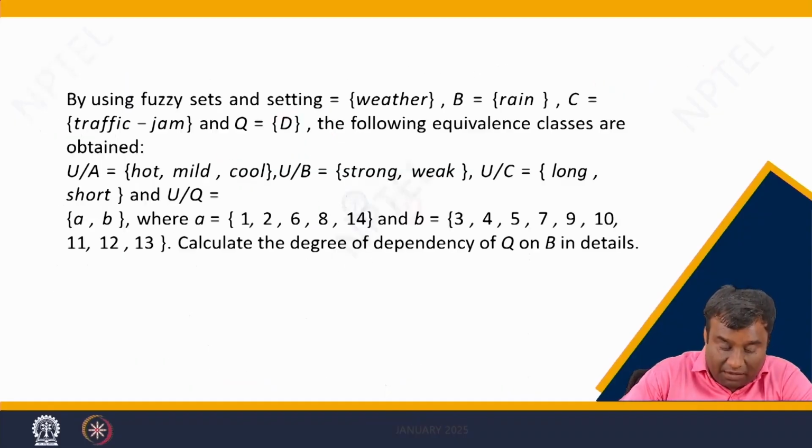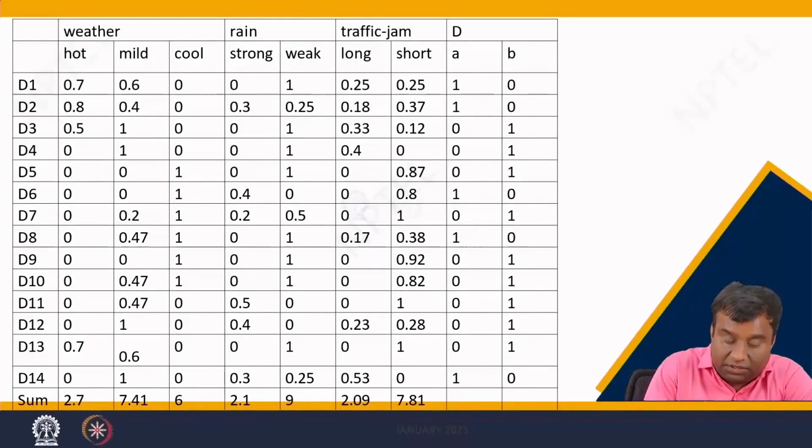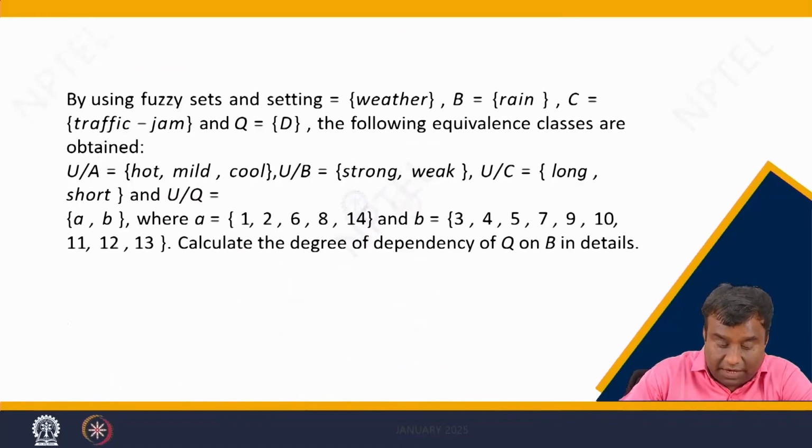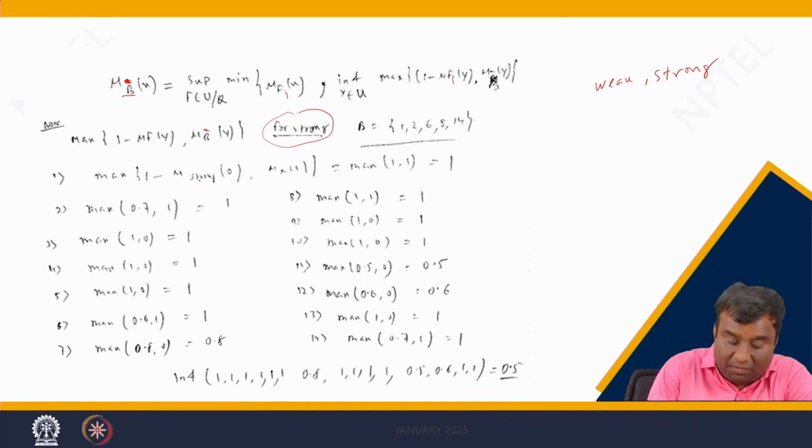For day 1, the strong value is 0, so 1 minus 0 is 1, and mu F of x1 is also 1, so the maximum is 1.